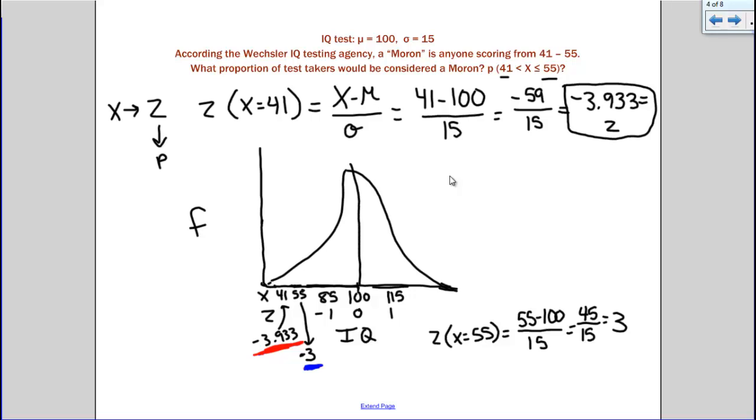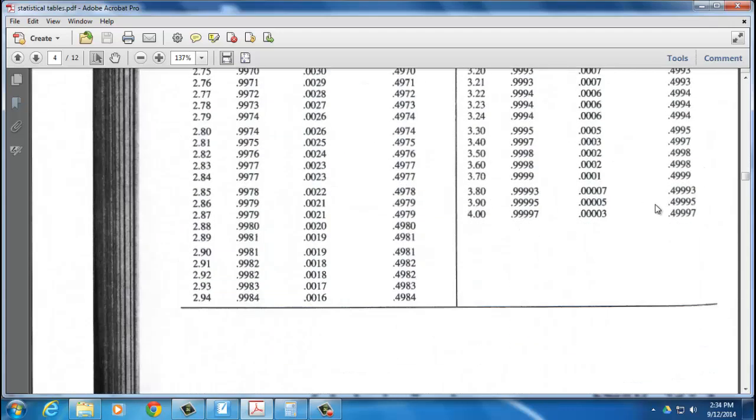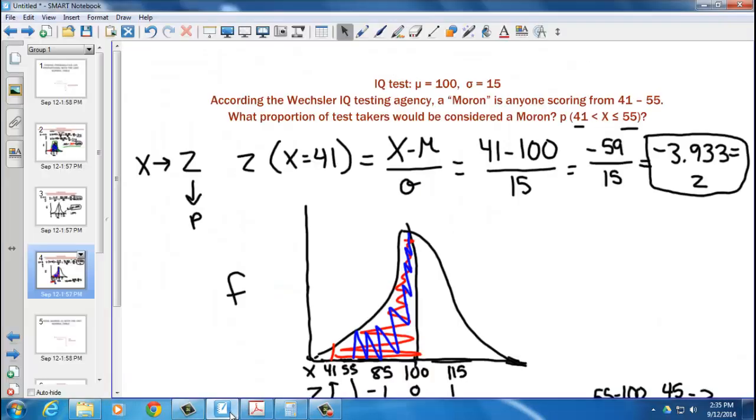We could technically find the proportion from mean to z of 3.933, so all of this, and then subtract the proportion from mean to z of 3. So let's do that. What is the proportion from mean to z for 3.933? It's 0.49995.